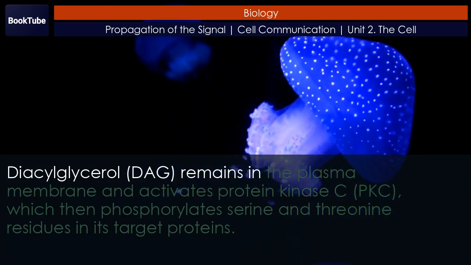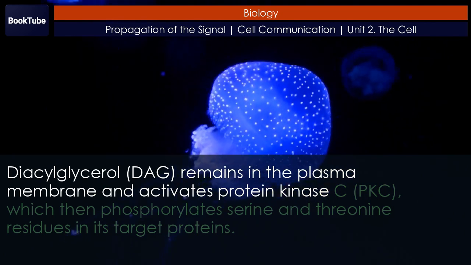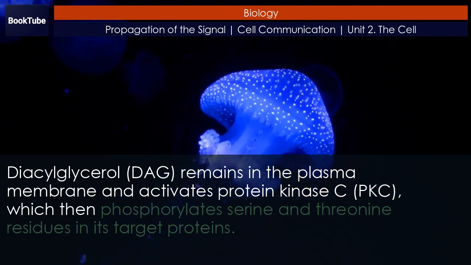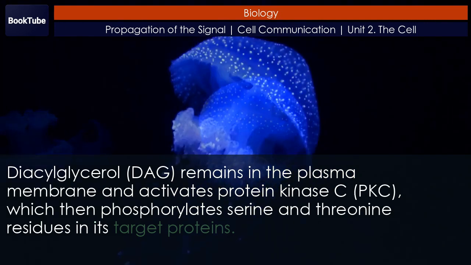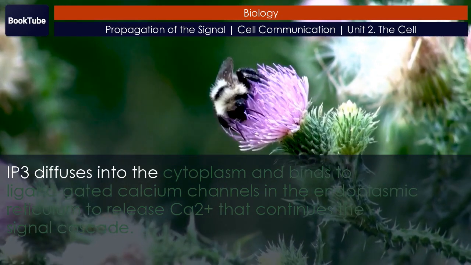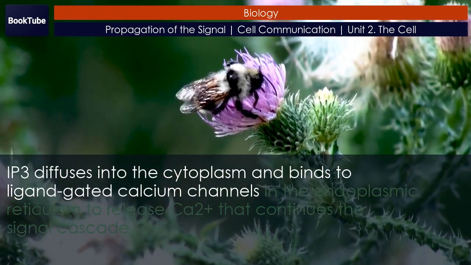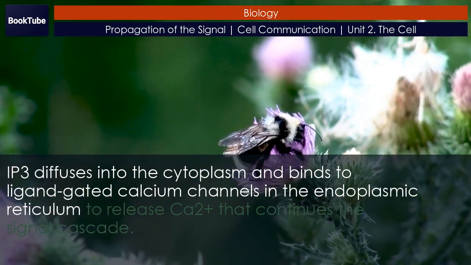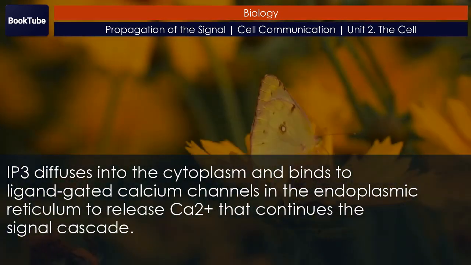Diacylglycerol, DAG, remains in the plasma membrane and activates protein kinase C, PKC, which then phosphorylates serine and threonine residues in its target proteins. IP3 diffuses into the cytoplasm and binds to ligand-gated calcium channels in the endoplasmic reticulum to release Ca2+ that continues the signal cascade.